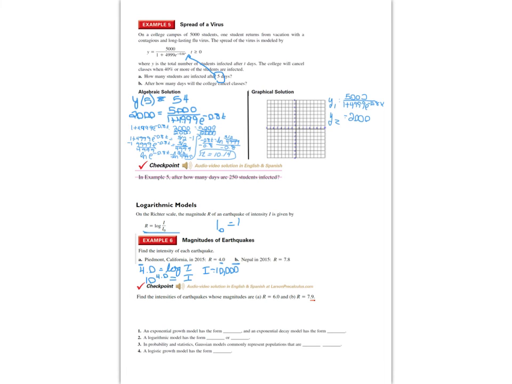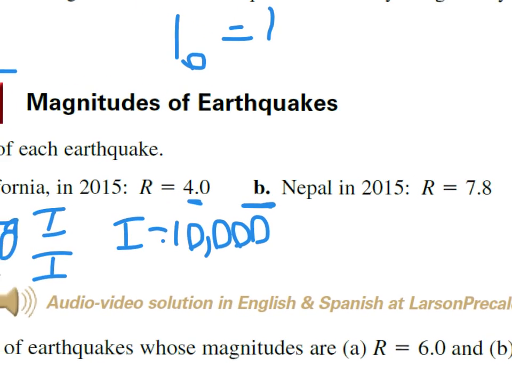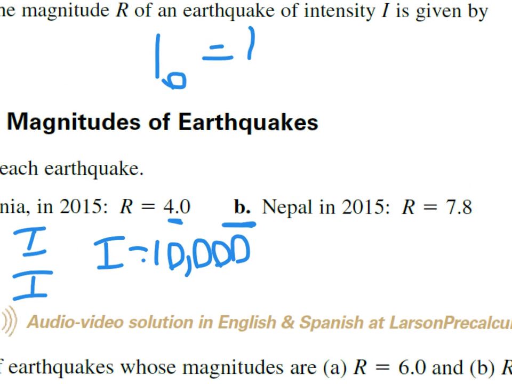Okay, now the next one is for Nepal. Let me zoom in. So this time I'm going to plug in 7.8 equals the log of intensity over 1. So I'm going to go 10 to the 7.8 equals our intensity.